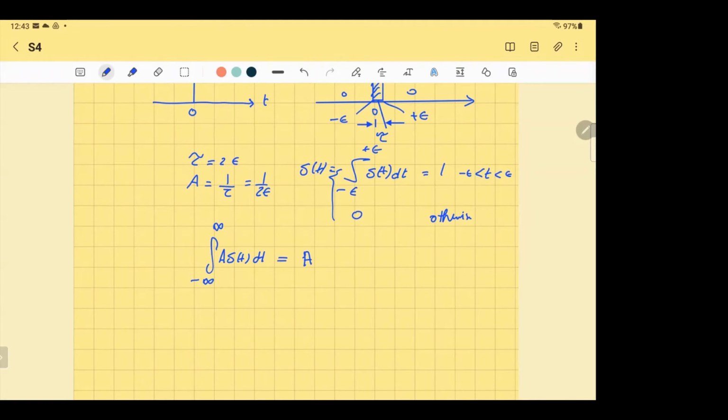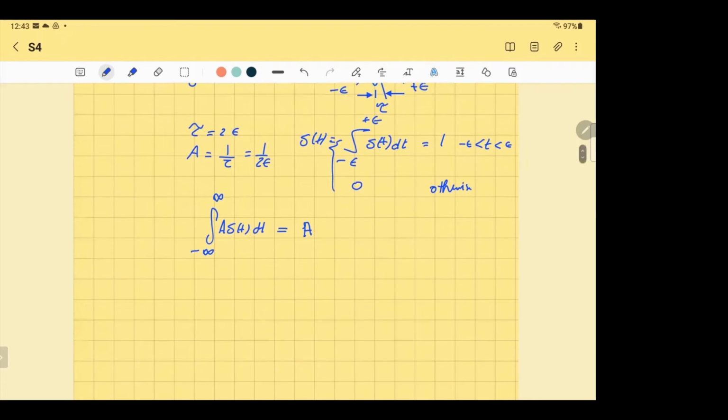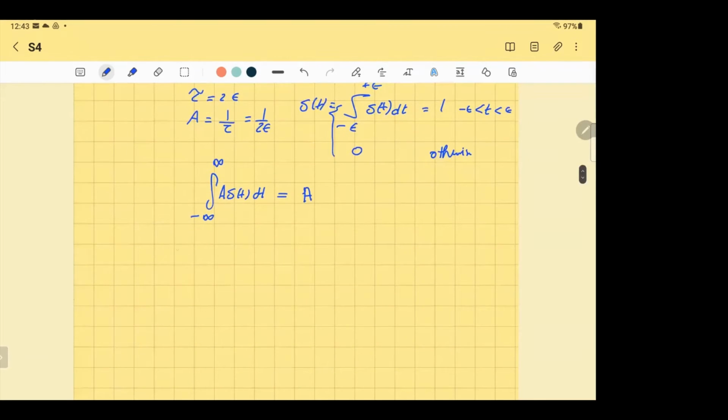If I multiply delta t by any function and you integrate it, what are you going to get? If you multiply any function f of t times delta t dt and you integrate from negative infinity to positive infinity, what are you going to get? f of t, exactly.